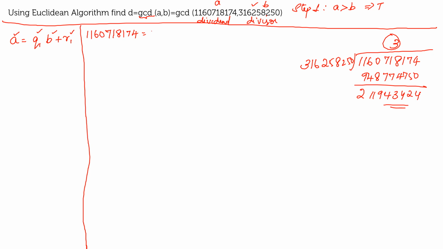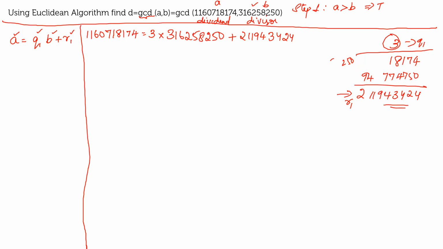So you can write that quotient 3 into, what is your B value? 316258250, plus what is your remainder? R1. So this becomes your quotient Q1 and this becomes your remainder R1, plus 211943424. Okay, this is how you have to proceed with the next step.